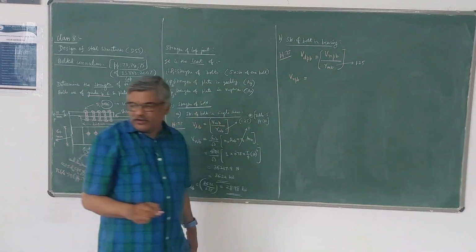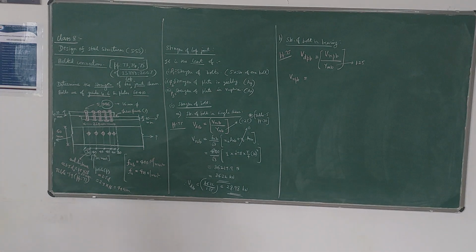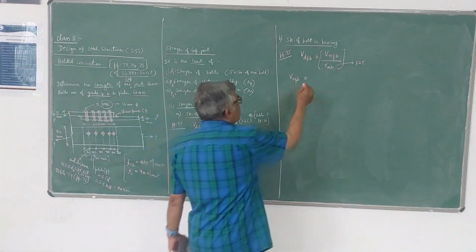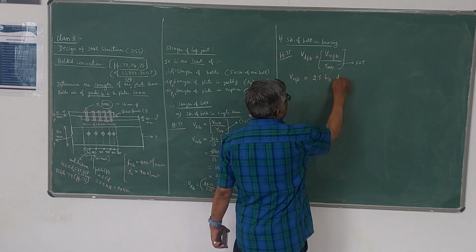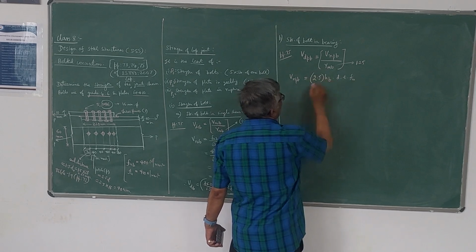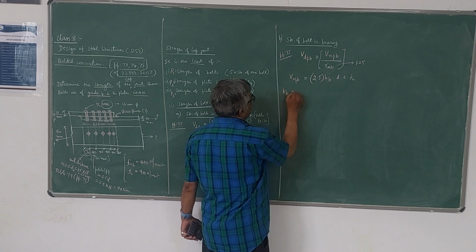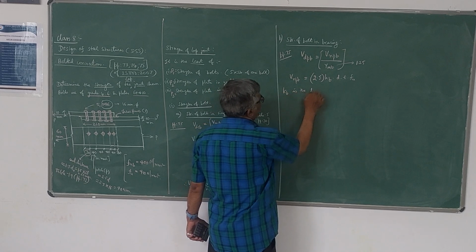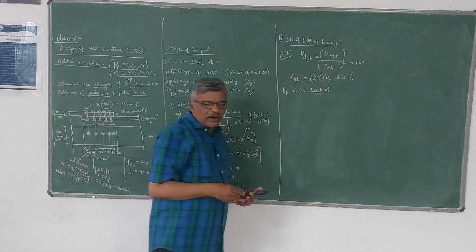And to find VNPB, you have a formula given. It is 2.5 times Kb d t fu. 2.5 times Kb into d into t into fu. So here this Kb is calculated based on so many criteria. Kb is the least of, once again, it is the minimum of, there are 4 criteria to find out Kb.